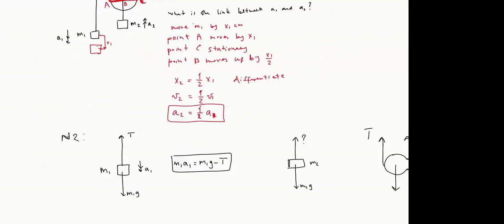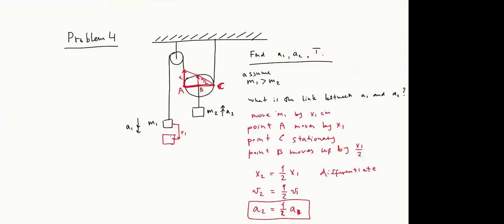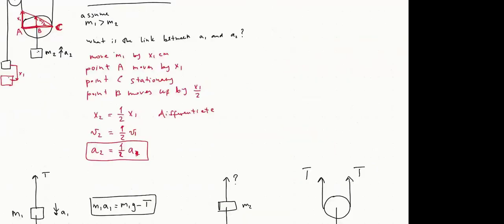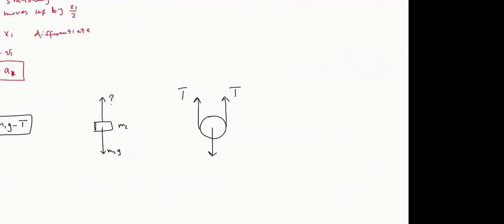So what am I talking about? We're talking about this pulley, and we have two ropes pulling it up and one rope pulling it down. But because the mass of this pulley is 0, it's massless, that means this has to be 2T effectively.